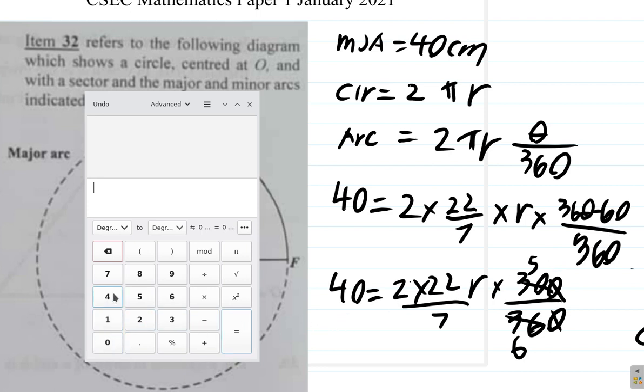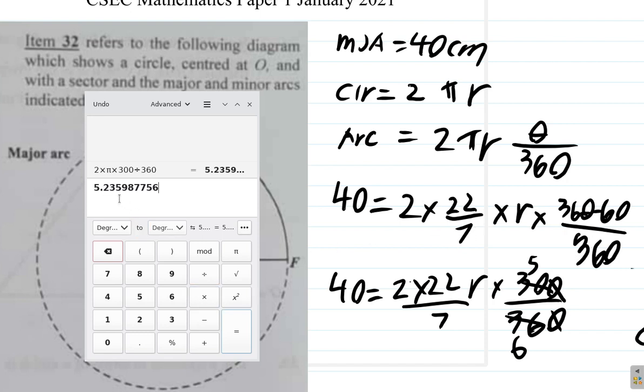Now, 2 times pi times 300 over 360 equals. So, r would be multiplied by 5.236. Alright? So, all of this part, 2 pi times 300 over 360, would amount to 5.236.